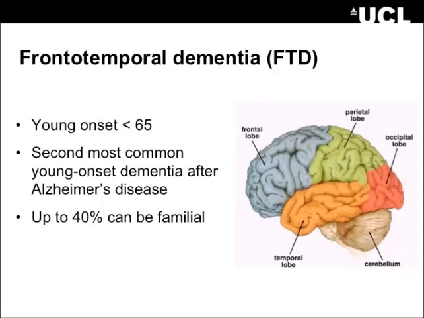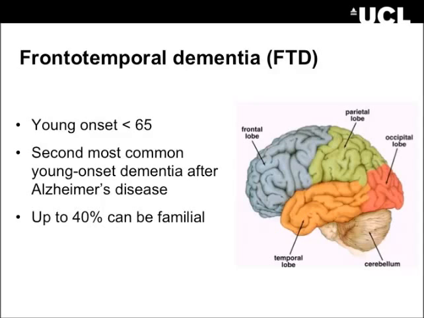So if you have brain cells dying around here, then you're more likely to have what we call changes in personality and behaviour. And some people have problems with language, and that can often be more affected with changes further back in the brain. And we call it a young onset dementia, which means it really occurs to people often, but not always, before the age of 65.